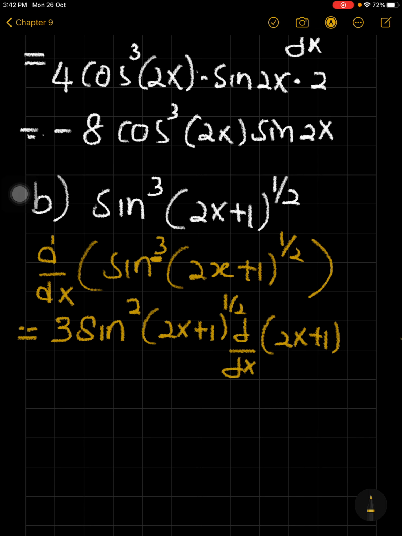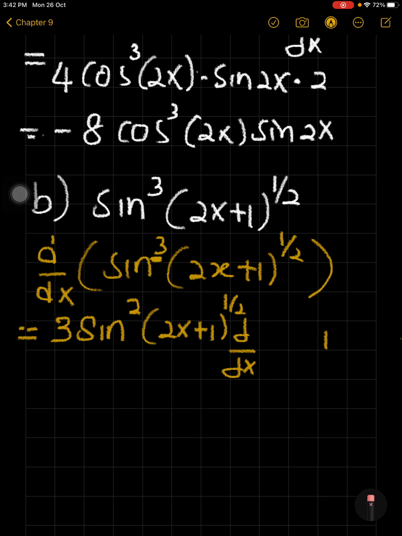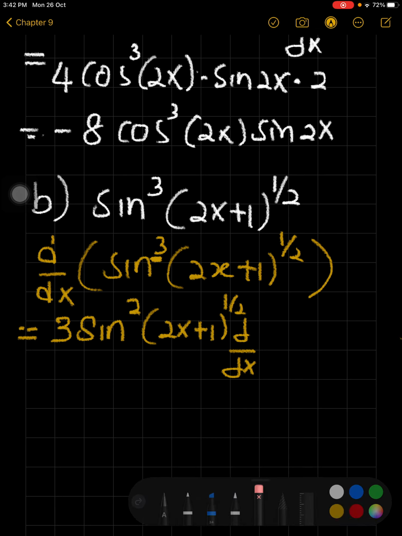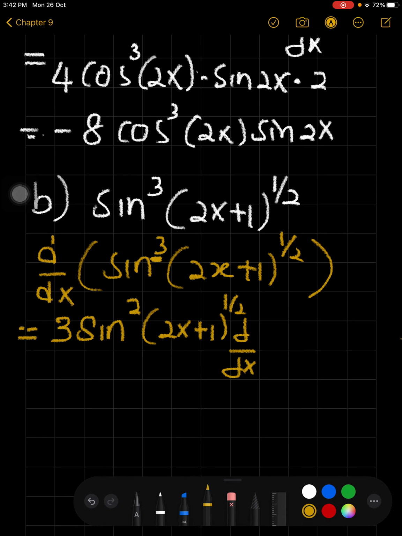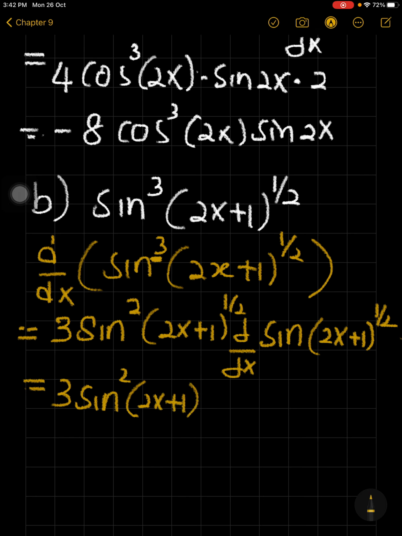Ni jangan lupa, Madam dah ajar sebelum ni. Sorry, sebelum you differentiate tu, you have to differentiate sin 2x plus 1 kuasa 1/2. So differentiate ni, you got 3 sin square 2x plus 1. Okay, differentiate sin, you got cos.